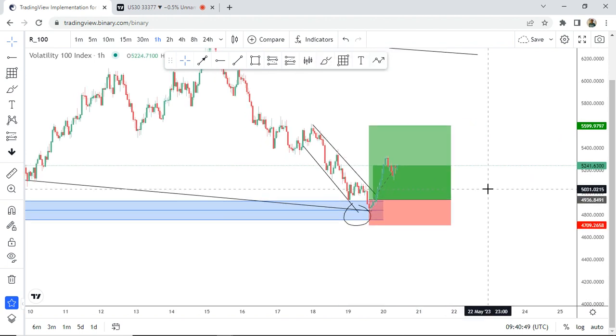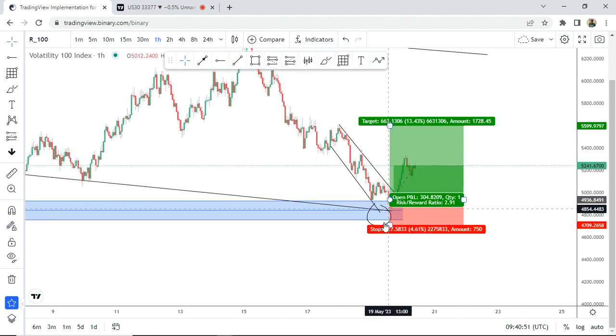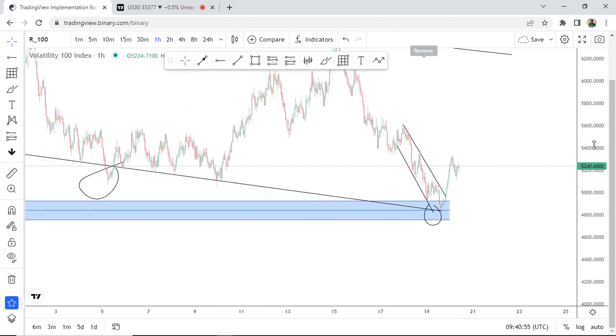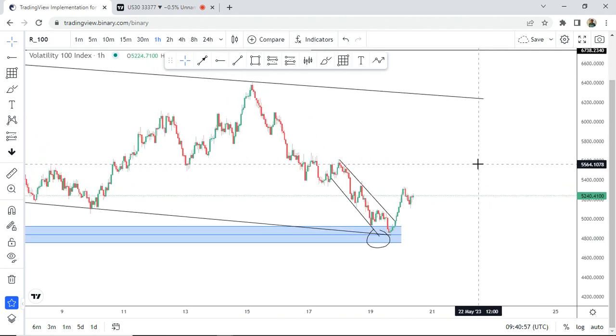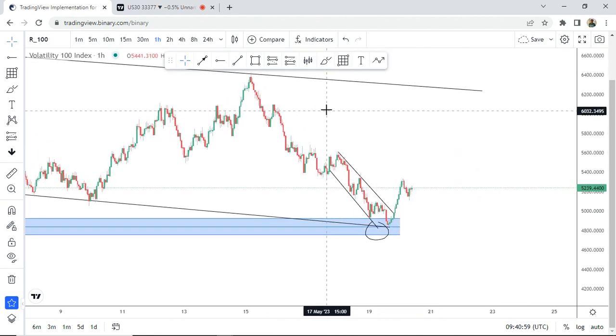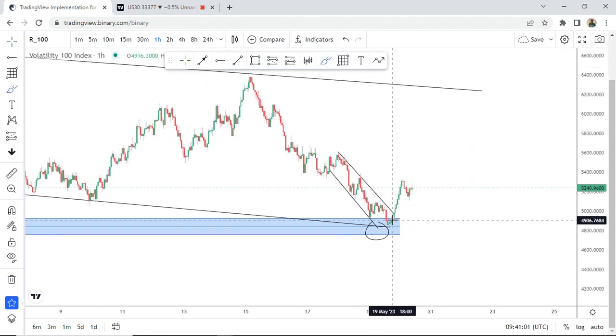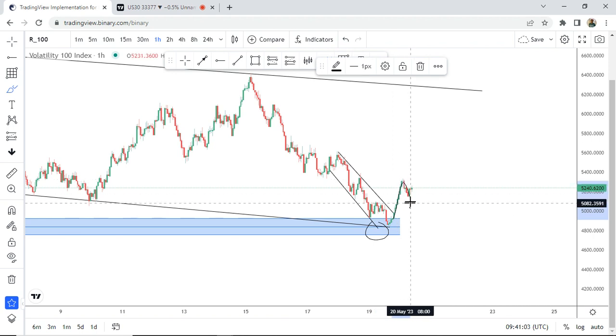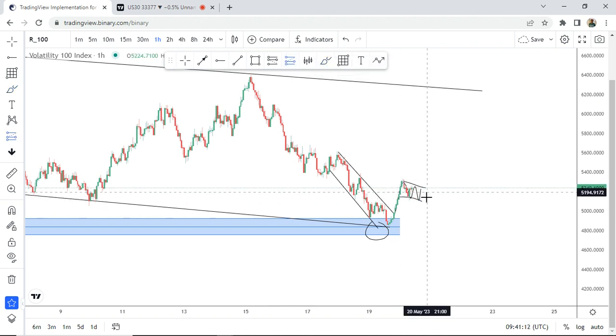But since we couldn't catch this buy position right there, what I should be looking for in order to scale in here, guys, is this: we're in a reversal manner right now. Should the market give me a nice continuation pattern around here, I'll be taking a buy position to the upside.